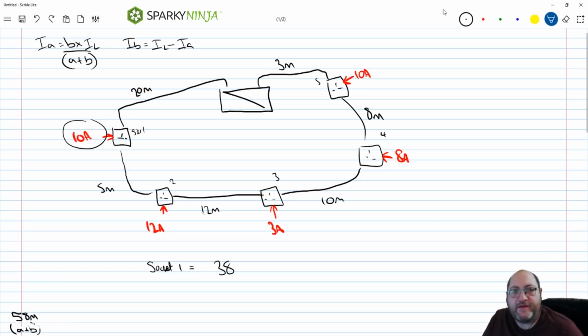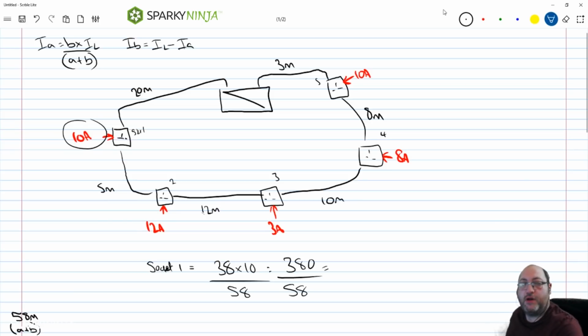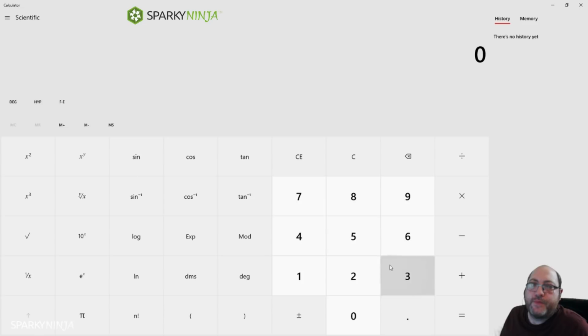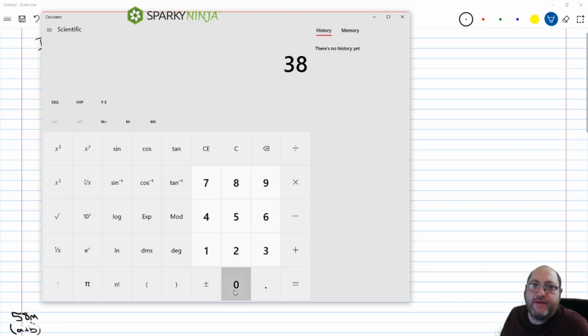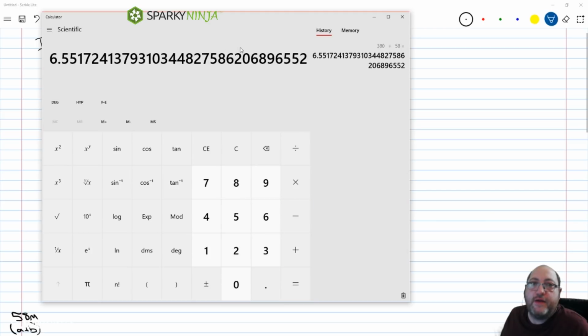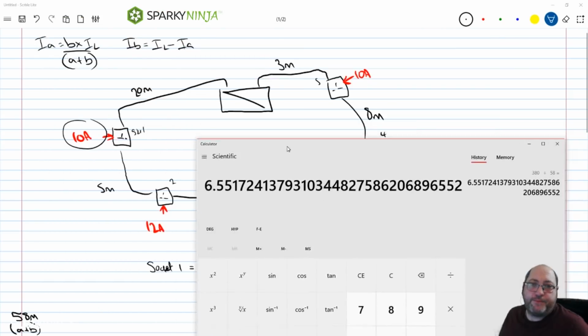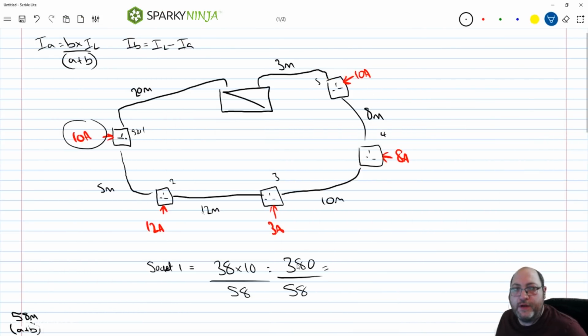So 38 meters for B times IL plugged into it, which is 10, over A and B, which is the 58. So that is 380 over 58, which I have not got a clue. 380 over 58 is 6.55. So we'll call that 6.55 amp. That means of this 10 amp load here, there is 6.55 amp going that way.